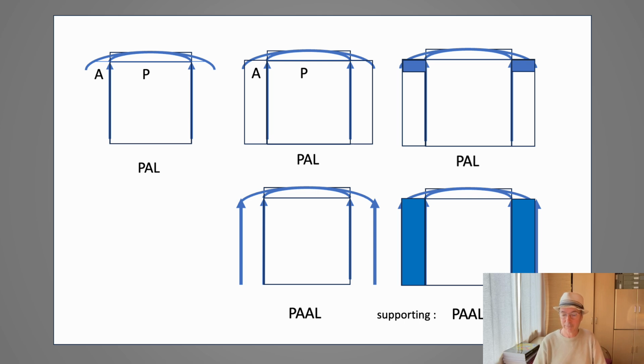So I was thinking that a PAAL or a pole was just a straight line upwards, an object that had that straight line upwards. But the meaning, if you look at the letters, is not really that it is the beam that is upwards, but it is the supporting beam. So the PAAL is like a supporting beam.